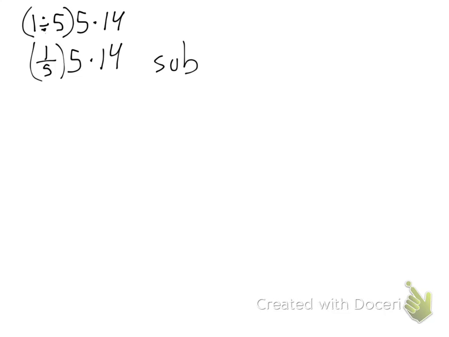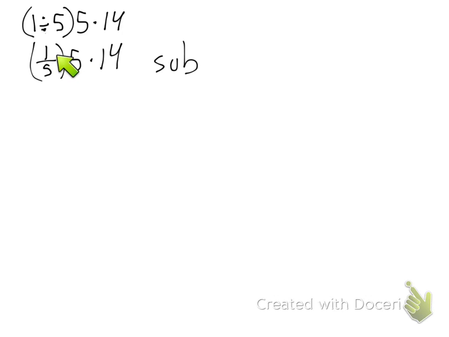Now this should be able to help me because you notice that they're all multiplied. It's 1/5 times 5 times 14, right? So I'm actually going to use multiplication properties of real numbers here. But wait a minute. What's so special about these two numbers? They are what to each other? They're not equal to each other because 5 is not 1/5.